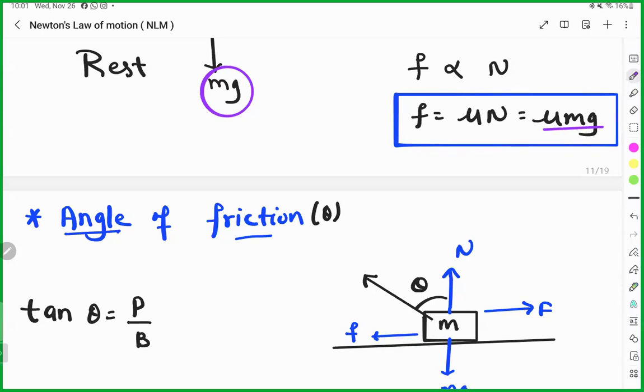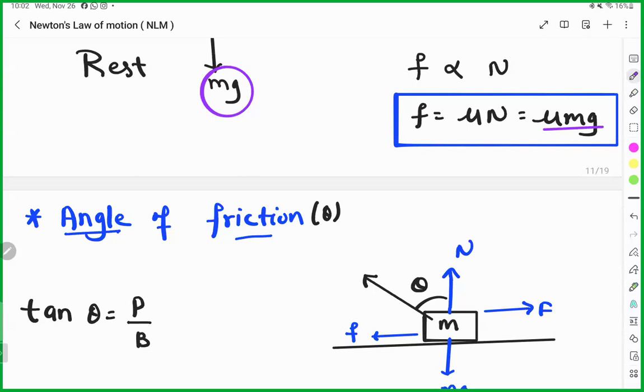Friction is present on this smooth surface too, and you will see that friction is present in every material. You cannot make a frictionless surface in your life. You can reduce the amount. For example, one surface is very rough, creating 80% friction. Another surface creates only 2% friction.